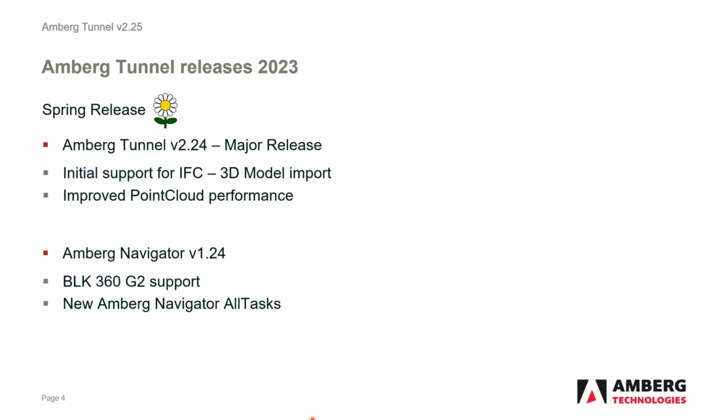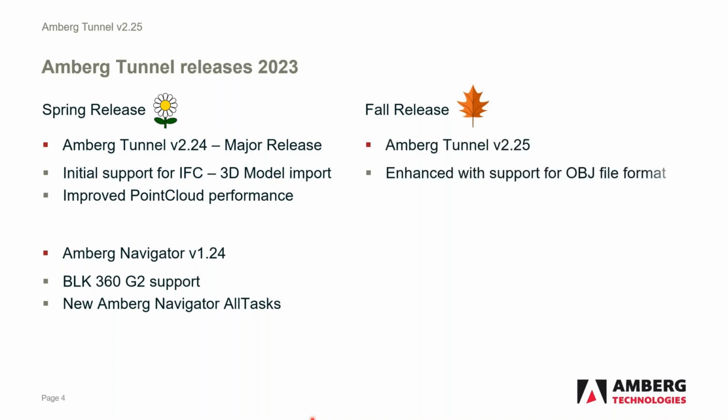So it was supported by then, and we also introduced a new all-task license, which comprises all 28 Amberg Navigator licenses, including the support for the total station and also the data exchange, which Lee is going to talk about later. That was the first release in 23, and in the fall release, we then had Amberg 2.25.